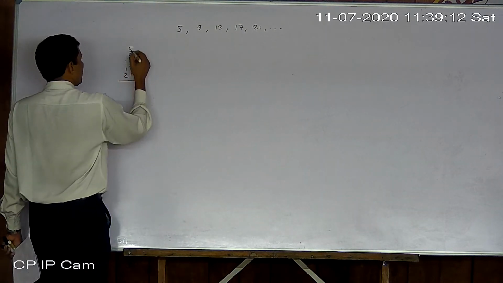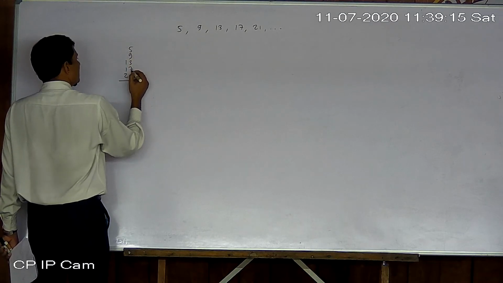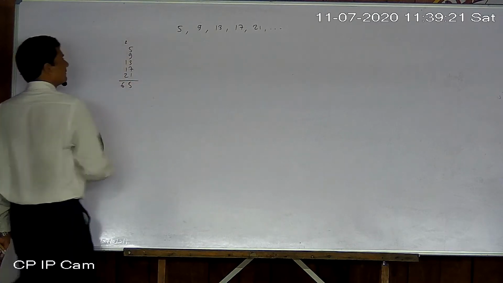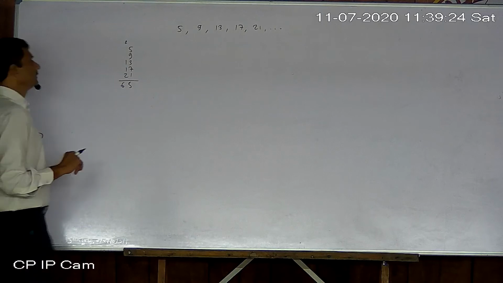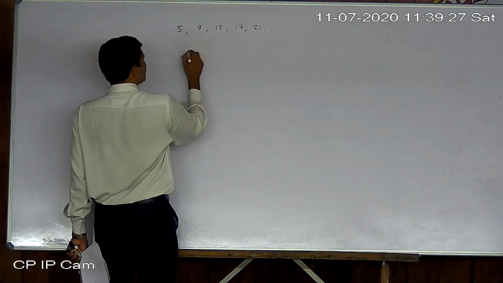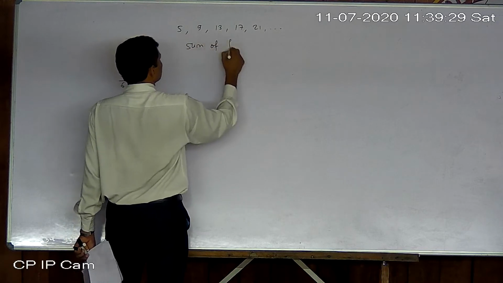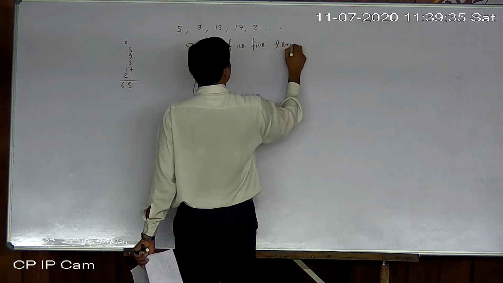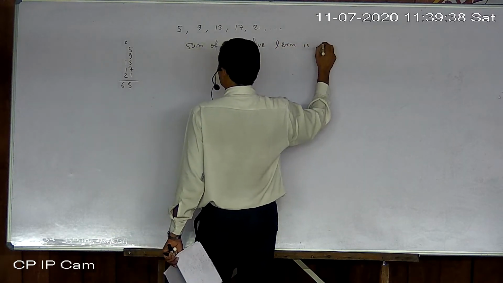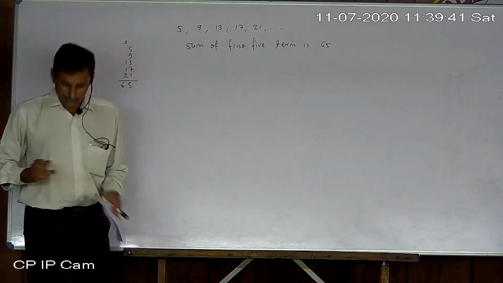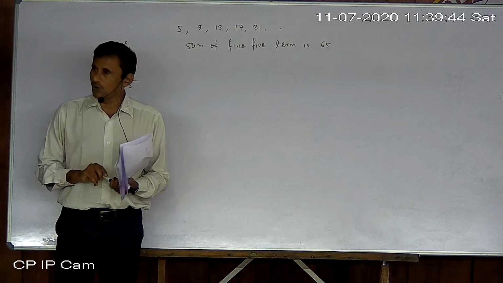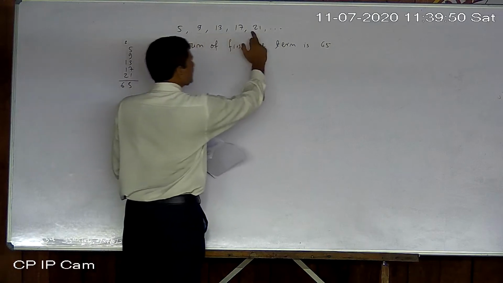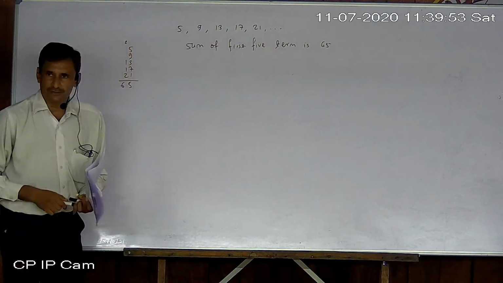So it will be 5 plus 9, 14, plus 13, 27, plus 17, 44, plus 21, 65. Okay. So the sum of the first 5 terms is 65, but I have not used any formula. I just orally added all 5 to get the sum of the first 5 terms as 65.